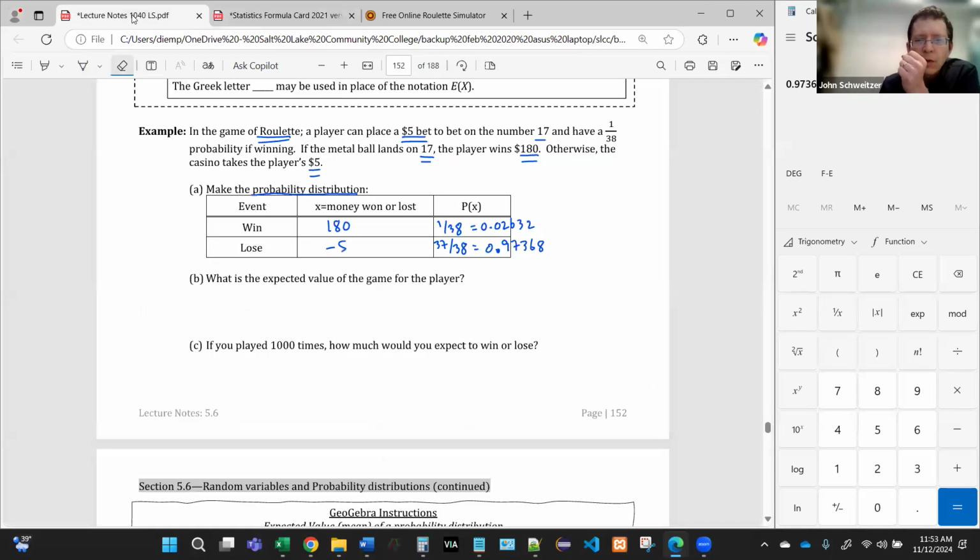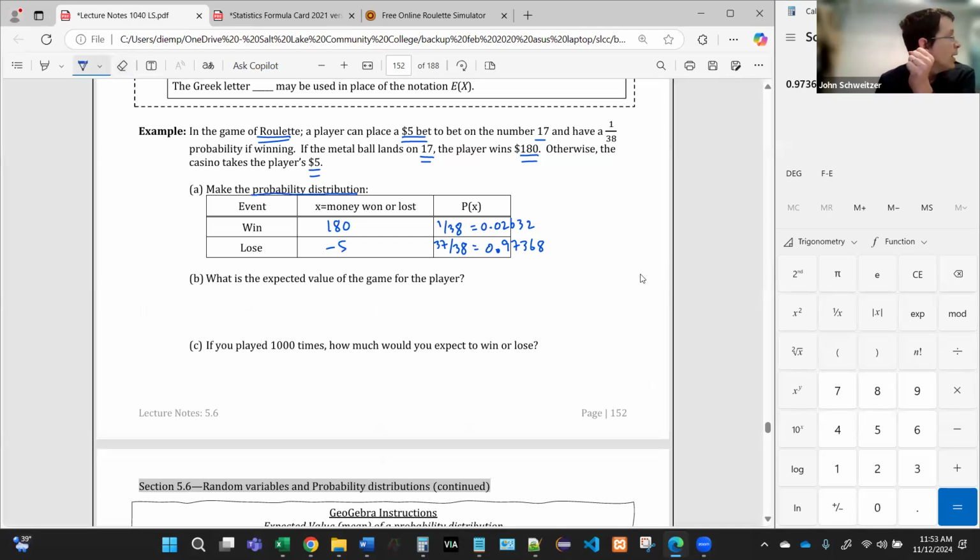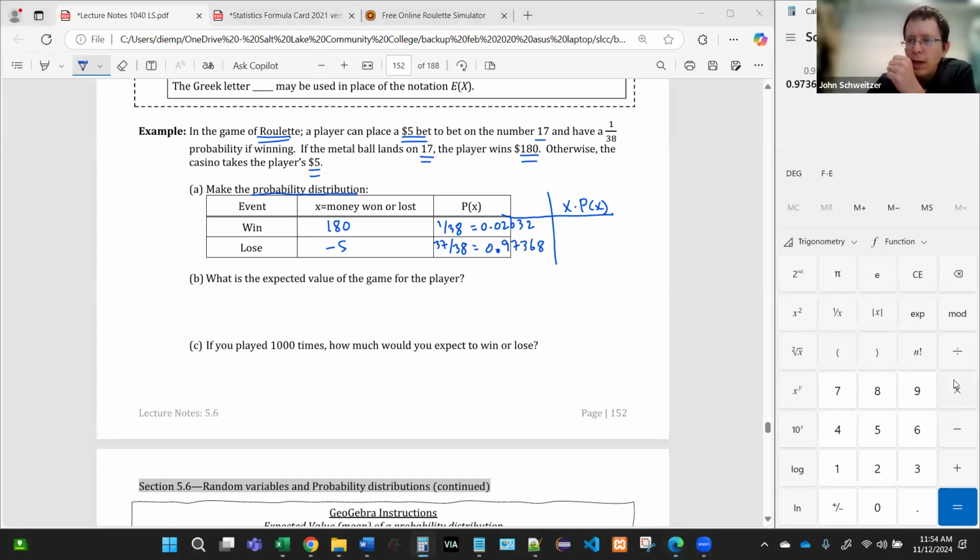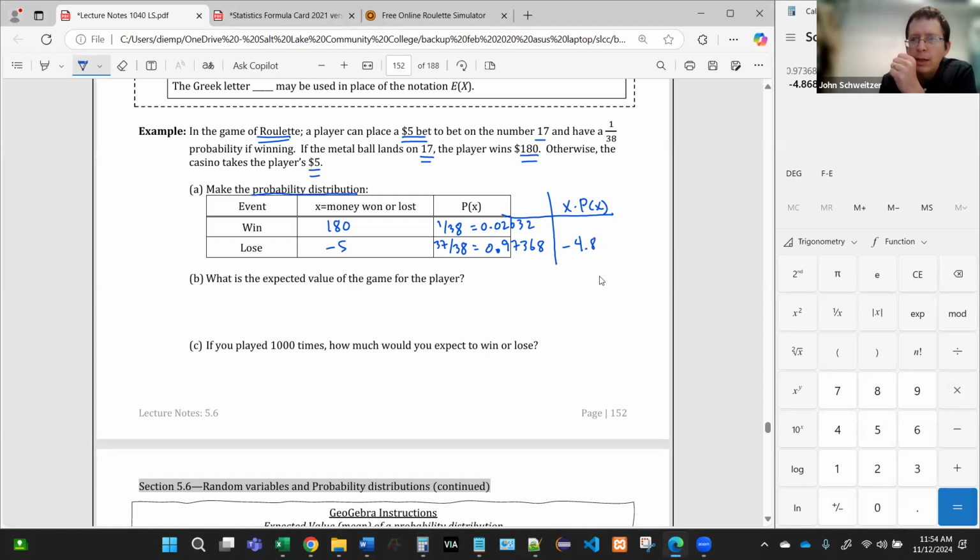So how does that work? Well, I usually draw out a third column for my table. Okay, so we'll have x times p of x. And so we just multiply across. So this is the number I have here. I'm going to go ahead and multiply that by -5. Okay, so -4.8684.